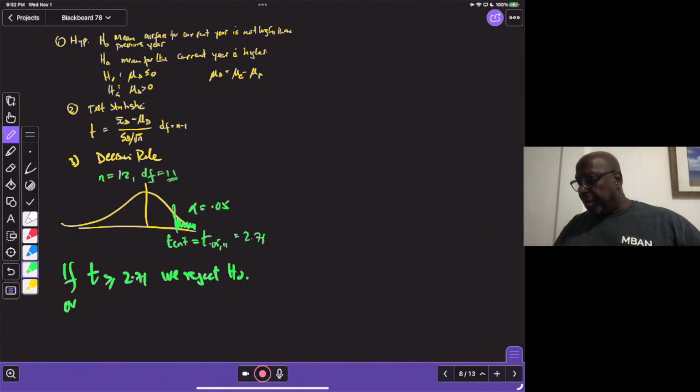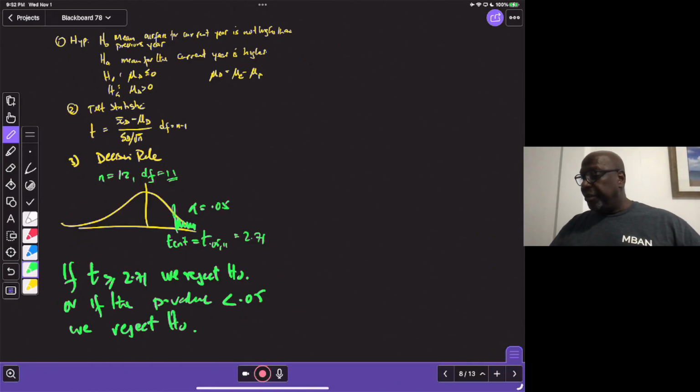Or if the p-value is less than 0.05, we reject the null hypothesis. Remember, the two rules will give you exactly the same result.